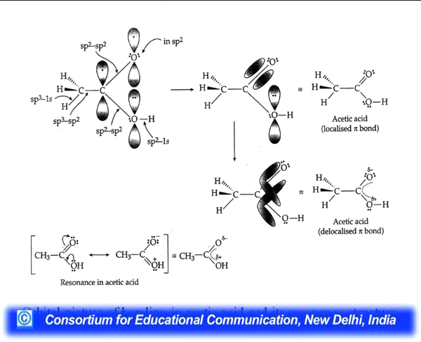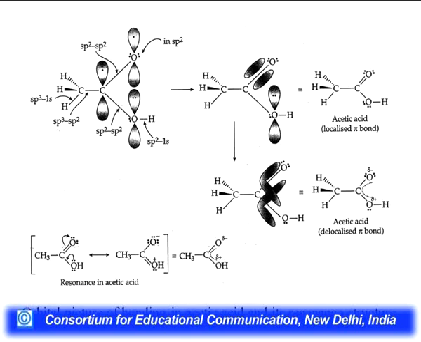How does it overlap? You can see in the figure the orbital picture of acetic acid and its resonance structure. You can see how the sp2 hybridization overlapping is possible to form 2 sigma bonds, and there is another sigma bond formed by the sp2 orbital of oxygen with the 1s orbital of hydrogen, and another sigma bond is formed by sp3 hybridization of carbon and the 1s orbital of hydrogen.